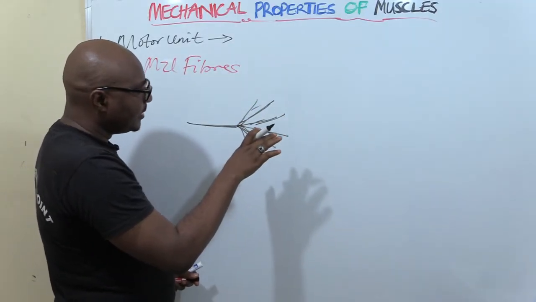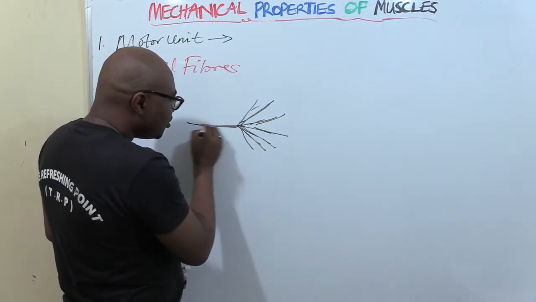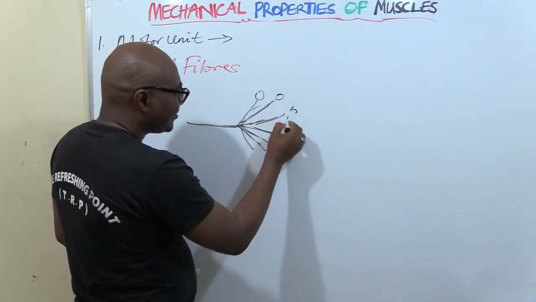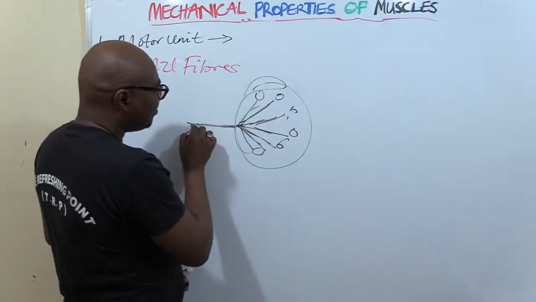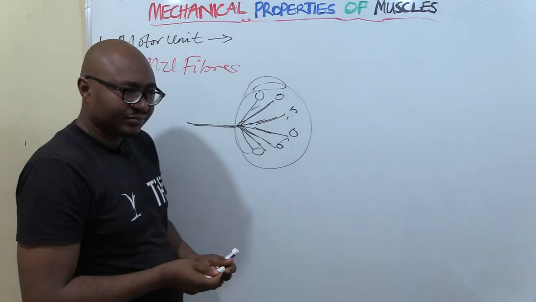So sometimes this one neuron can be supplying different muscles. So all these muscles grouped together, supplied by one neuron, is known as a motor unit.